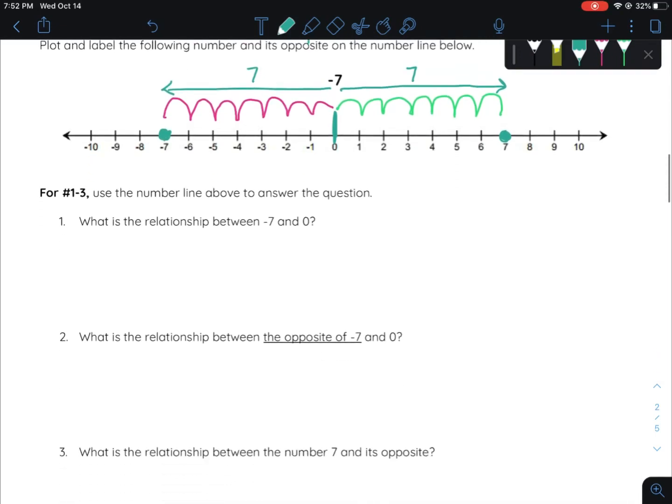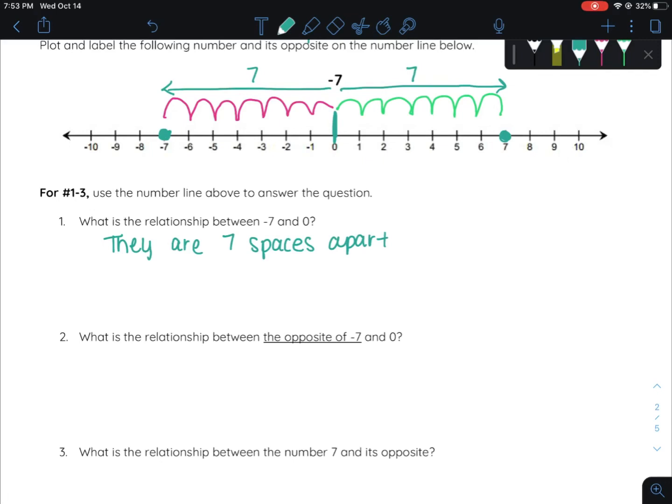All right, next up, let's see what we can do with this number line to answer the following questions. What is the relationship between -7 and 0? We would just have to go 7 spaces. So you could say they are 7 spaces apart. Or they are separated by a distance of 7, something like that.